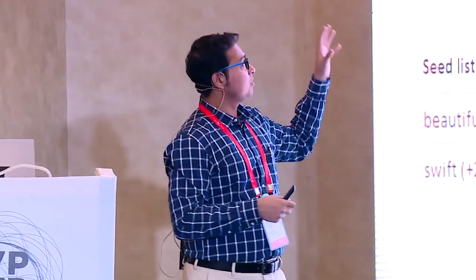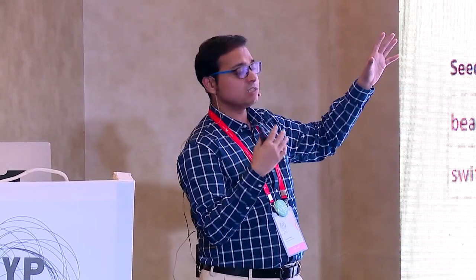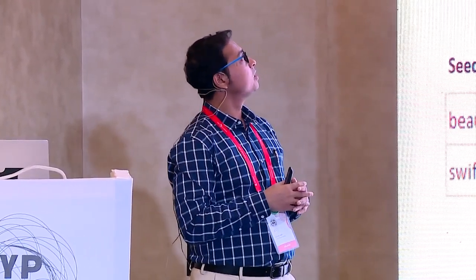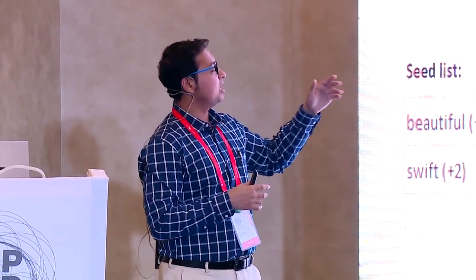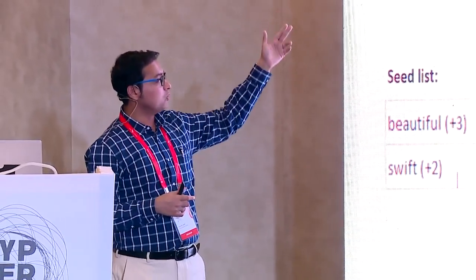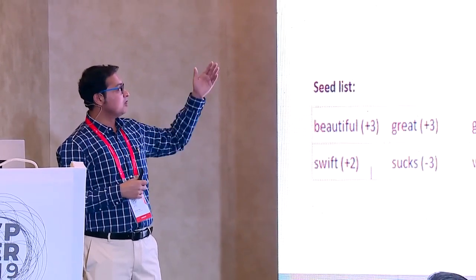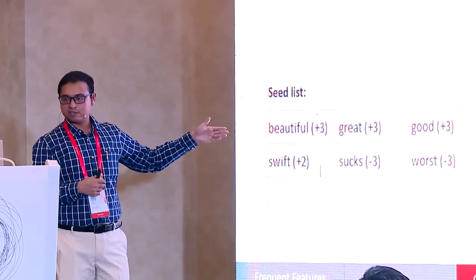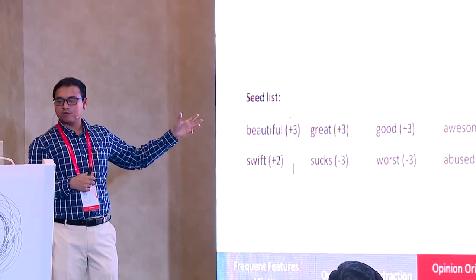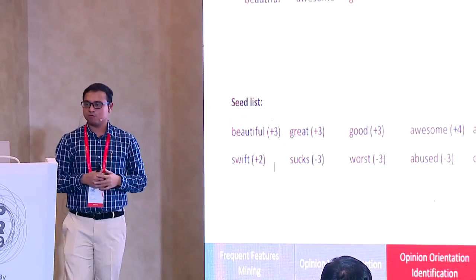For example, say I have mined a list of adjectives. Let us just limit ourselves to adjectives first. We have mined a list of adjectives, and we need to check whether each word is present in this seed list or dictionary or not. If it is there, for example, "beautiful" is in the dictionary, we just get the opinion score like +3 for that word, okay.